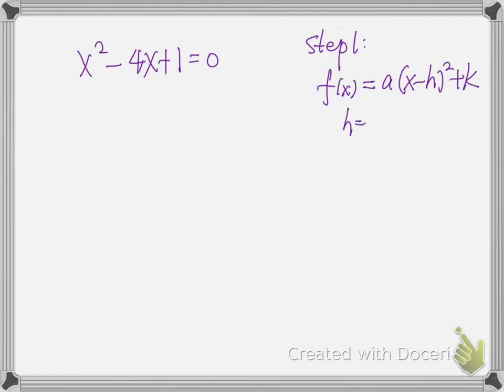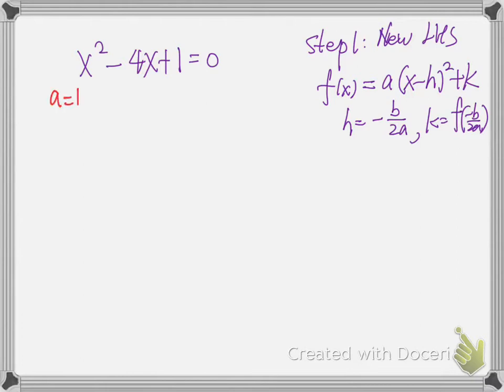So h is negative b over 2a, and k is f of h, so f of negative b over 2a. So we need a new left hand side.